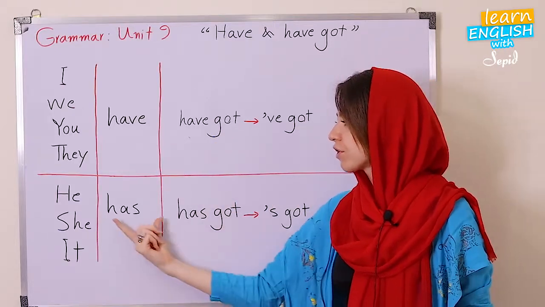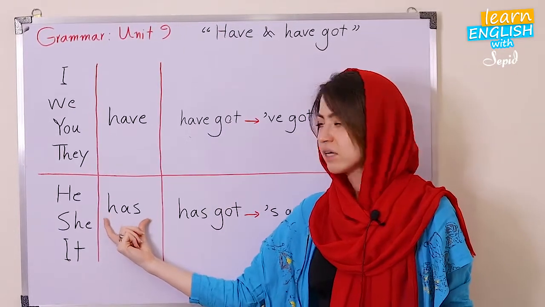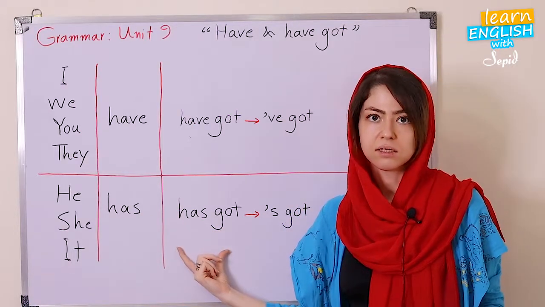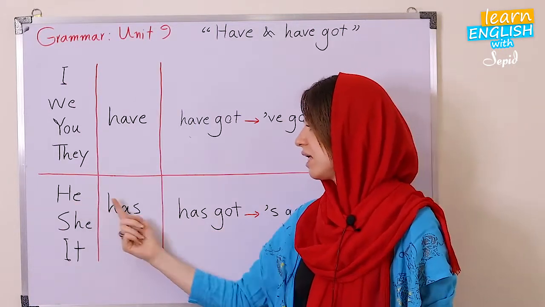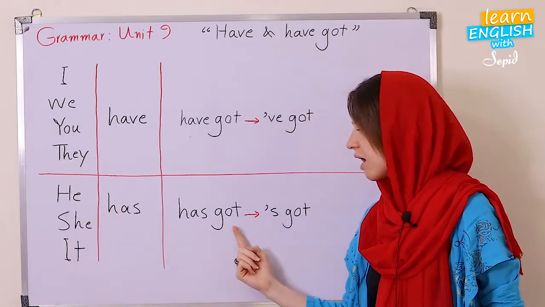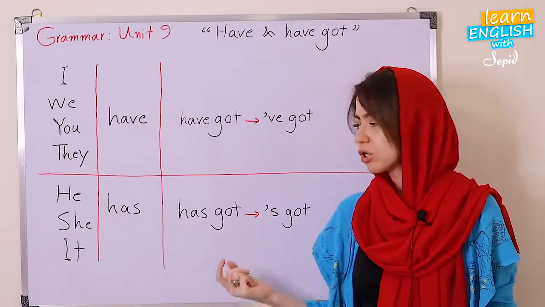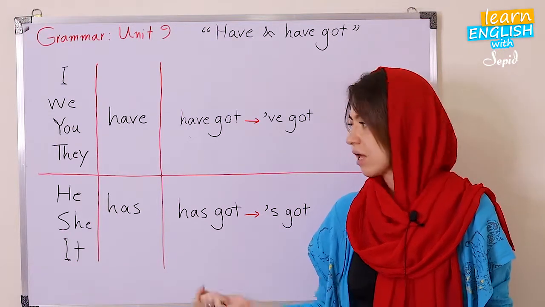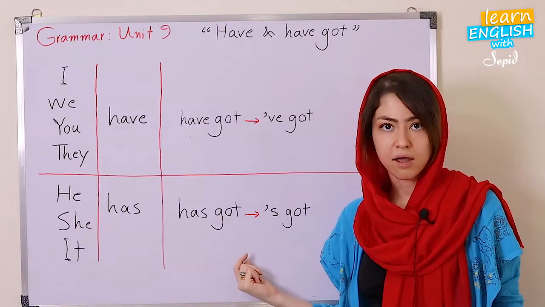Now, how about for has? As an alternative or replacement for has, we can use has got. So for instance, he has a house. You can say he has got a house. So the short form, he's got a house. She's got a dog.